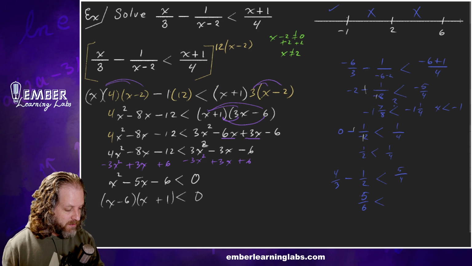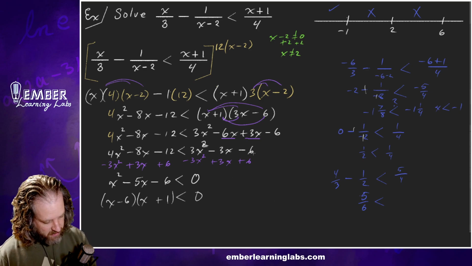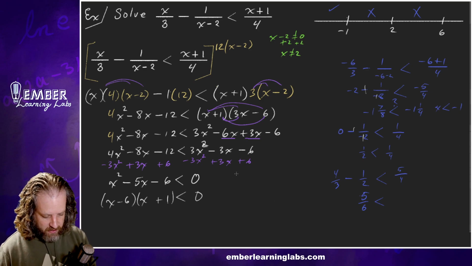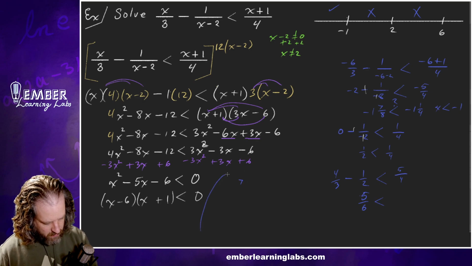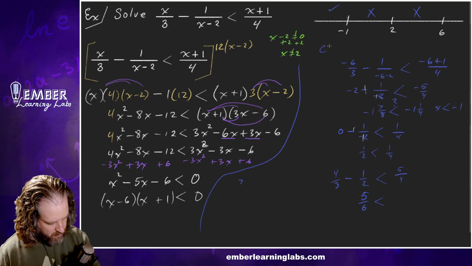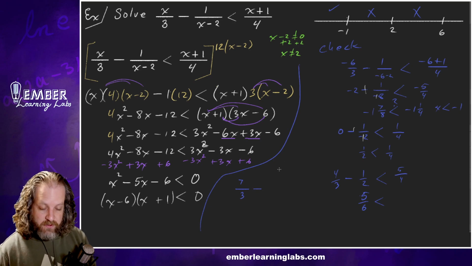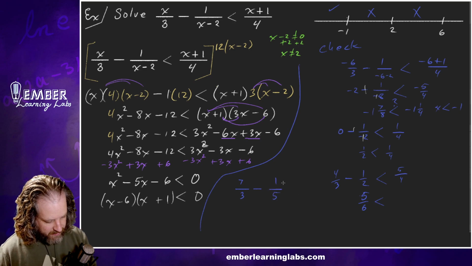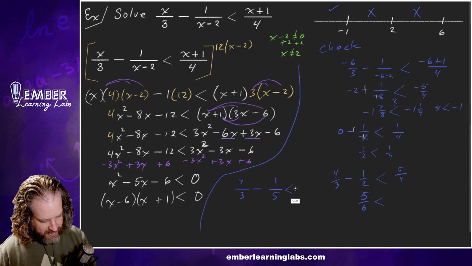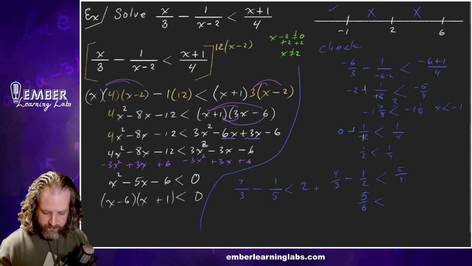So what about the 6 bit? All right, so let's try 7. So 7 over 3 minus 1 over 7 minus 2 is 5. So 1 over 5. Is that less than 8/4 or 2?